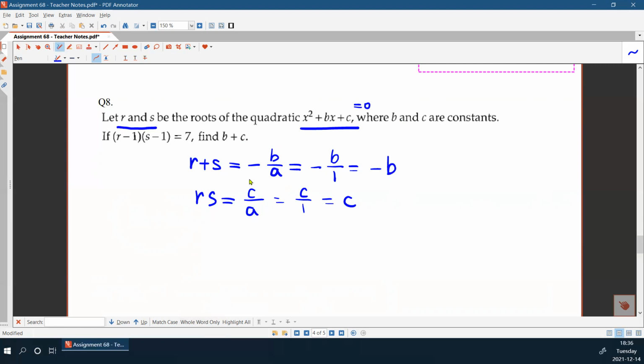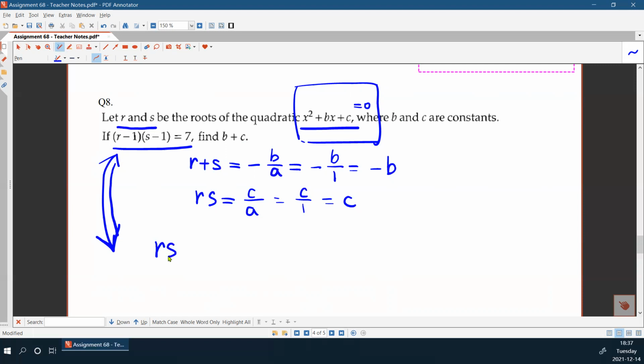Because R and S are two roots of this quadratic equation, that means we have these two conclusions here. And also we have this equation here. This equation is equivalent to, if you expand it, RS minus S minus R plus 1 equals 7, right? Which means RS minus the sum of S and R equals 6, right? And the product of R and S is actually c.